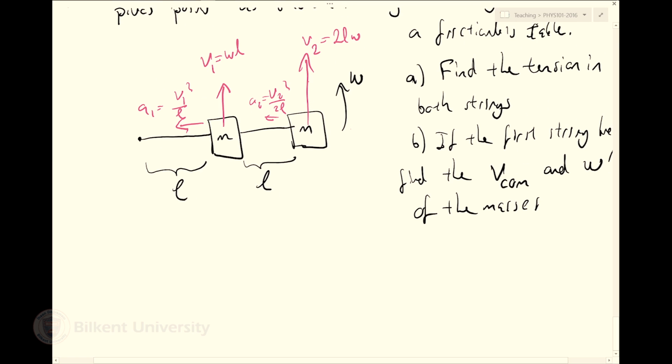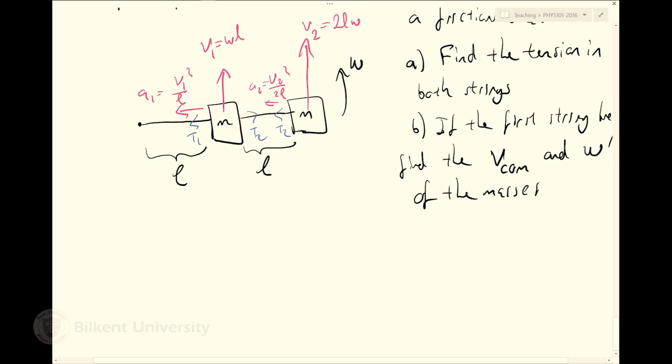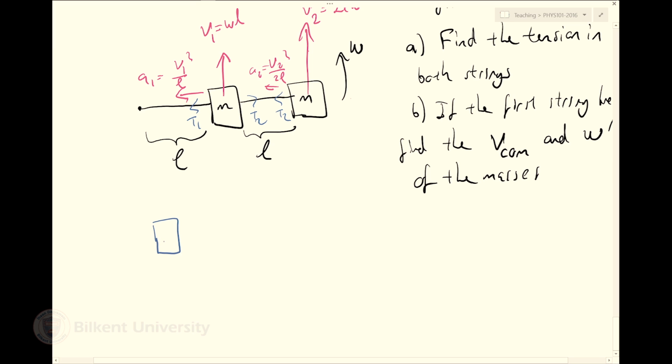So if I draw free body diagrams here, there is T1 and T2. The first mass is pulled left by T1, pulled right by T2, and it has an acceleration A1, which is omega squared times L. How about the second mass?